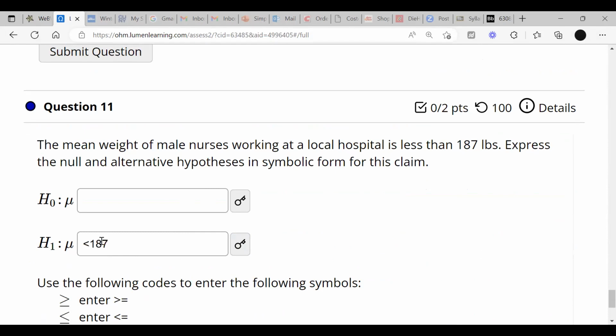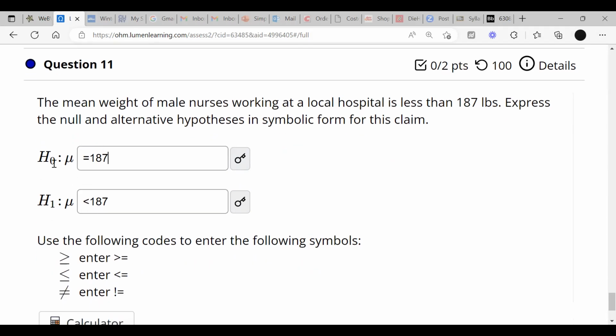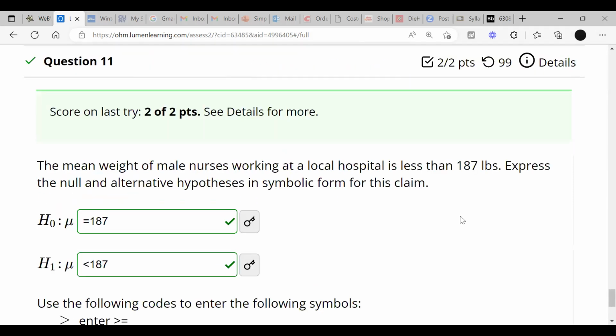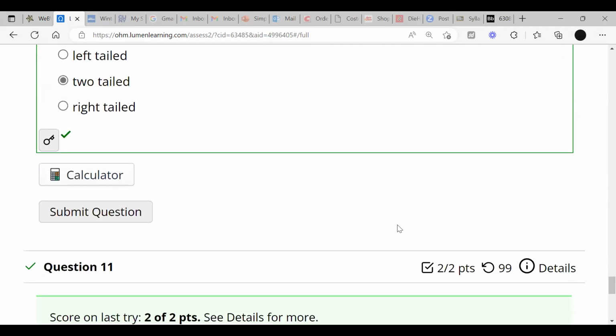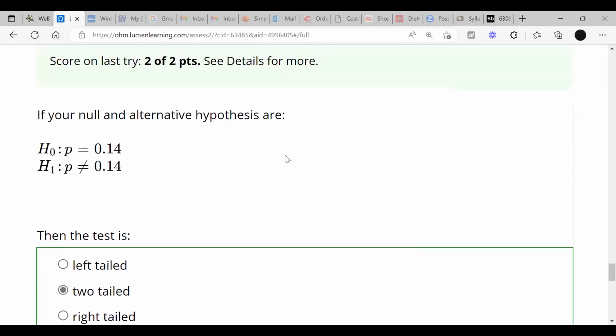The null hypothesis will be greater than or equal to, or if you put just equal to, that's okay. The null hypothesis will always have an equal sign. The alternative hypothesis has no equal sign. So pretty much I reviewed everything, right?